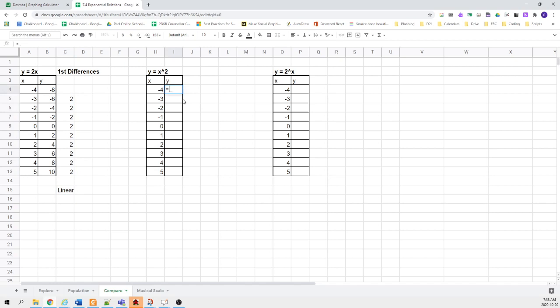Here we're going to take x and we're going to square it. So H4, I'm going to square it. I'm going to do the same thing I did before, find first differences.